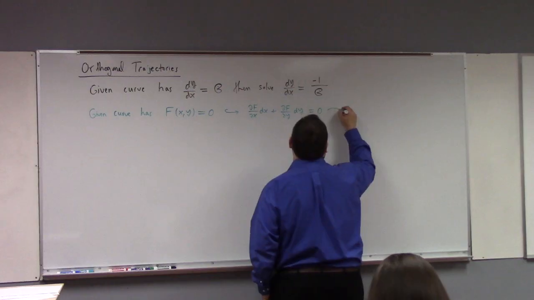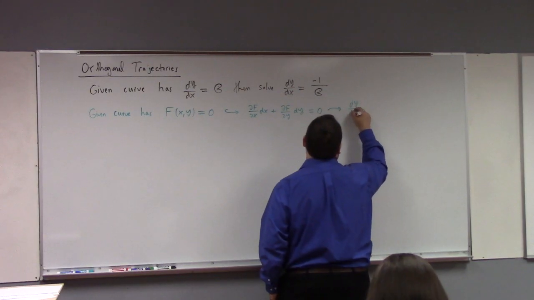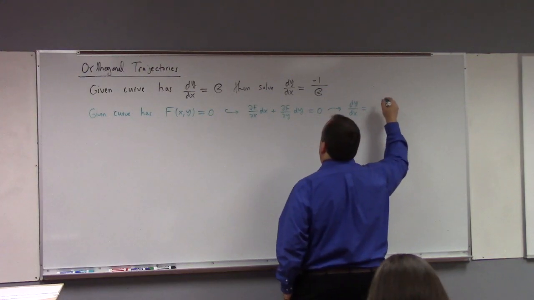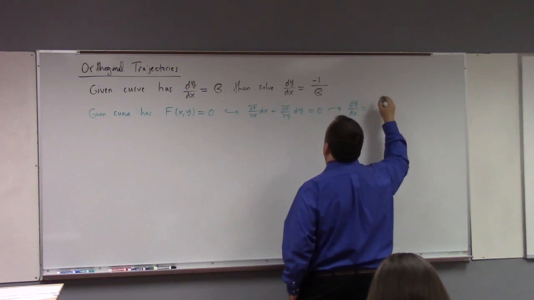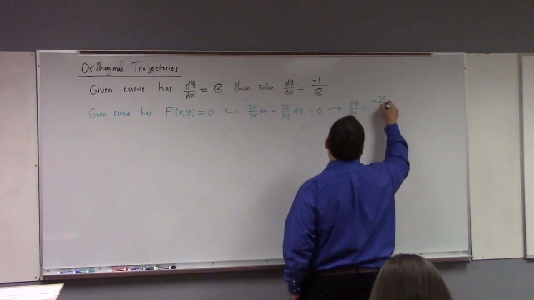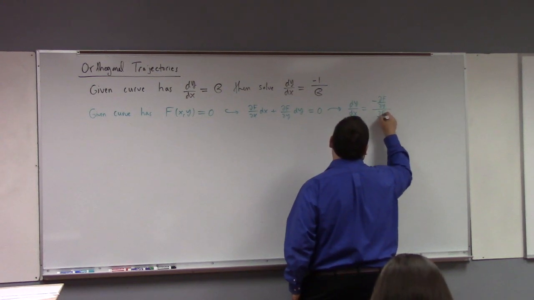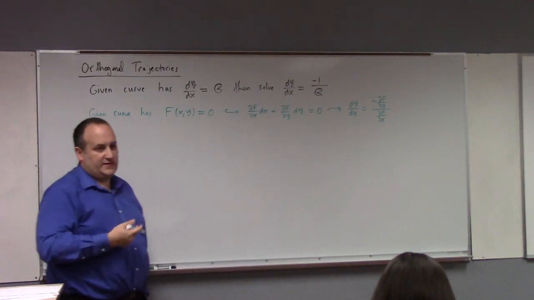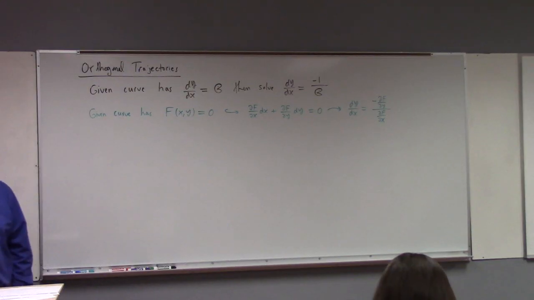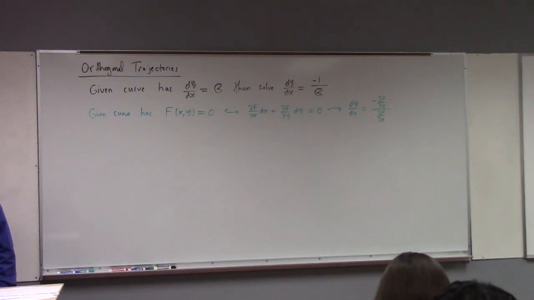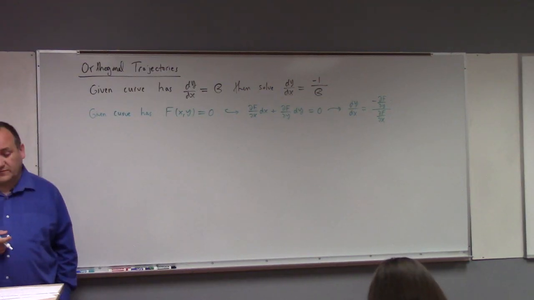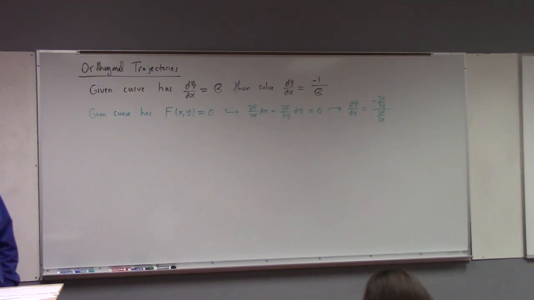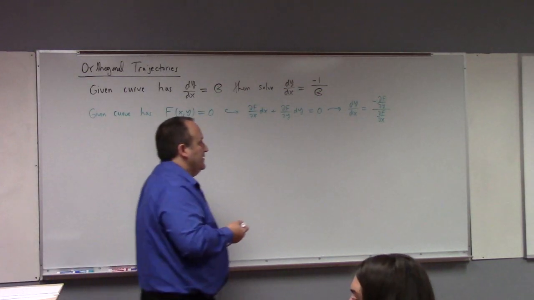At this point, dy/dx is apparently minus partial f partial y divided by partial f partial x, if you solve this equation for dy over dx. That's how the slope of a curve which has level equation big F equal to 0 is governed by the partial derivatives. It's related to the quotient of the partial derivatives in that way.